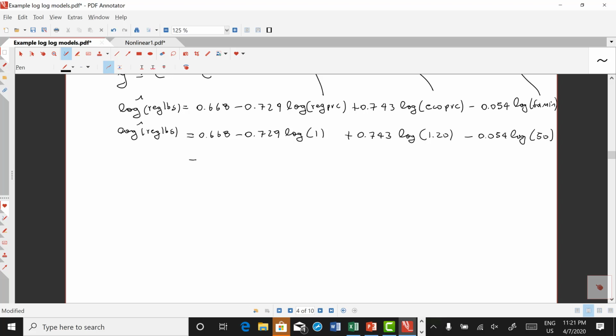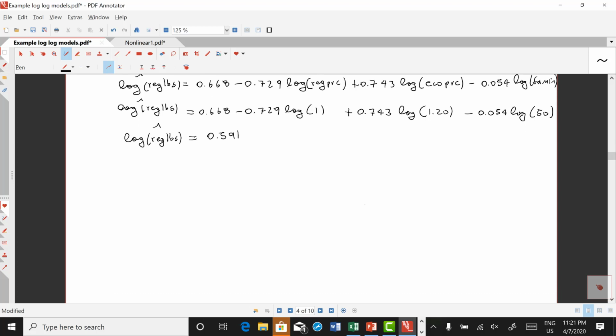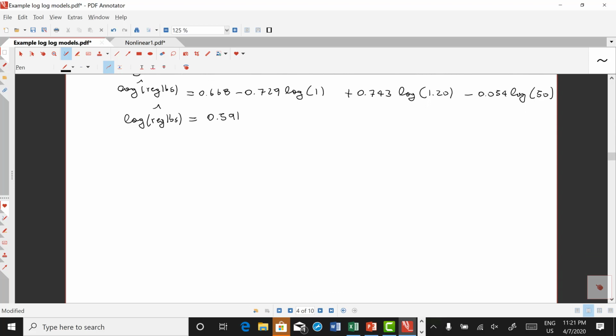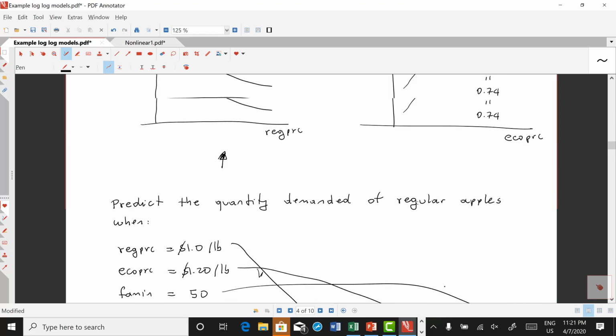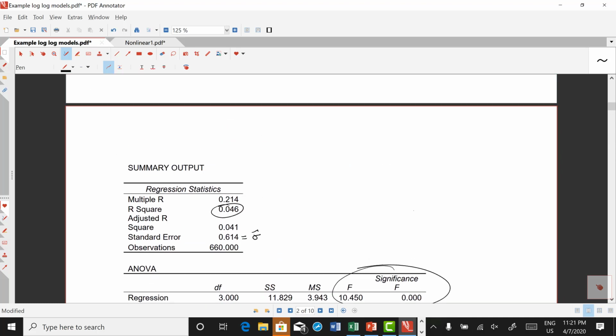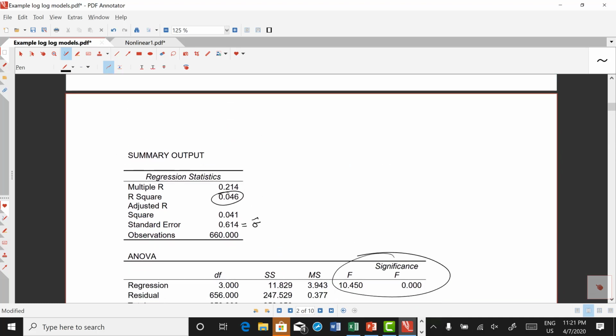Okay, so if we do all these calculations, we should end up with 0.5091. To save some time, you can check using your calculators. So now we need e to the sigma squared hat divided by 2. So where did I get this value? Remember, we have to go to the results of the regression, and we had that sigma is 0.614.